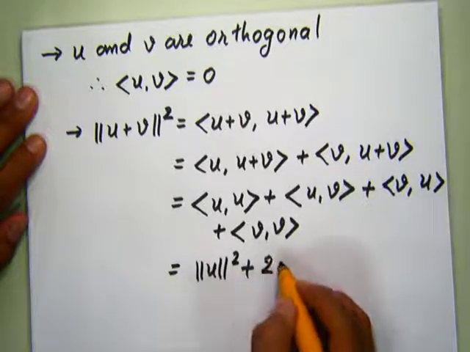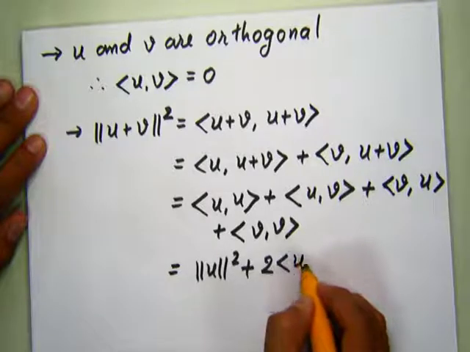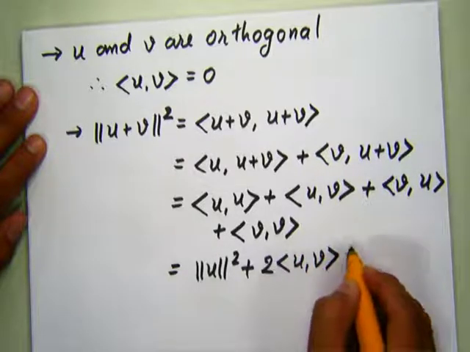So we can write this as 2 inner product of U, V plus norm of V square.